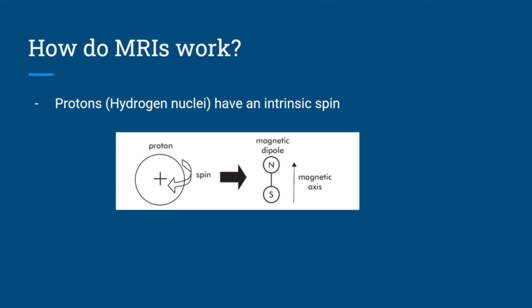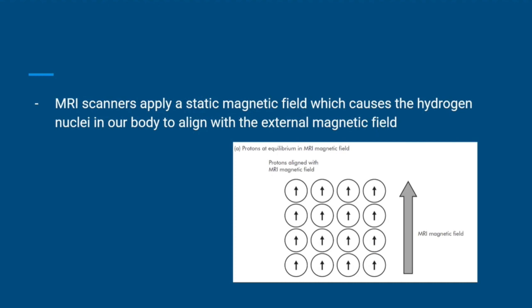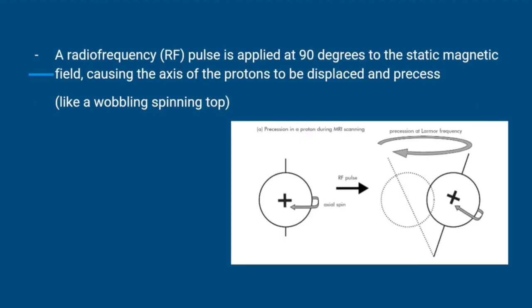They have an intrinsic spin, so it spins around its own axis, and forms a magnetic dipole. When you put it in the static magnetic field of the MRI, all the protons align their spin in the same direction, and then the radio frequency pulse, which comes at right angles to the spin, causes the protons to be displaced, to wobble and precess.